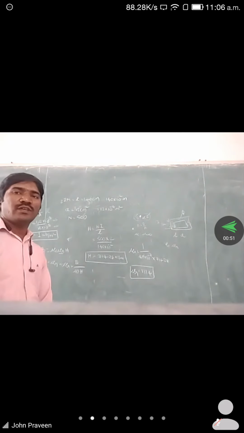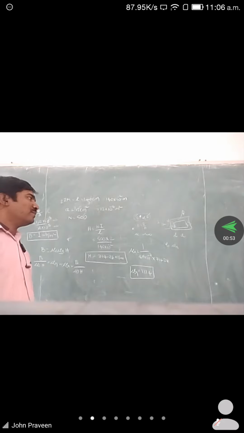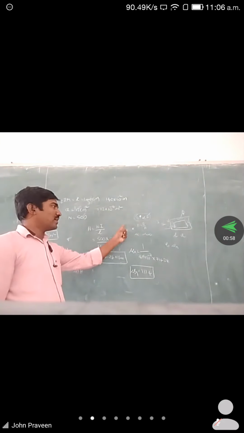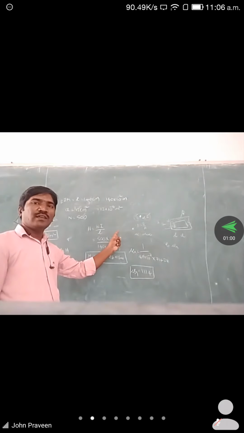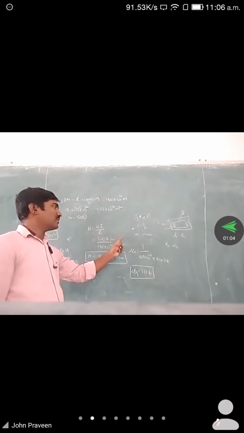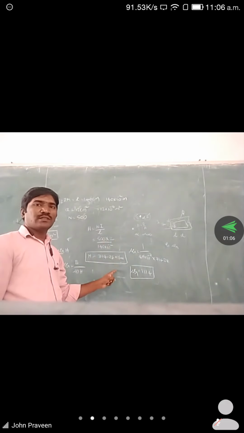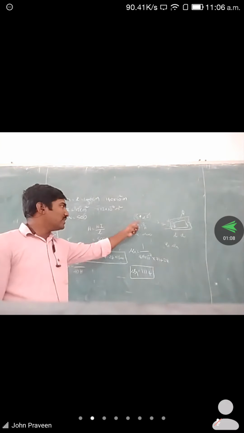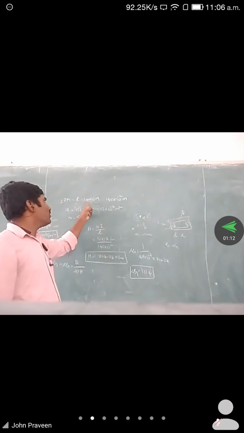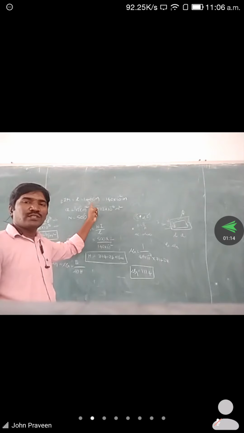First, what we are doing here, according to our problem, is given a circular core. The circular core is wound with 500 turns of coil, and the current passing through that coil is 2 amperes. The mean length of the core is given as 140 centimeters.